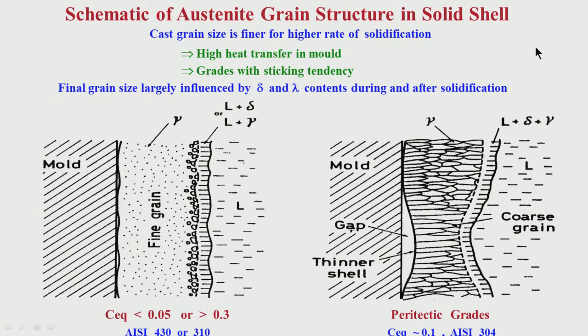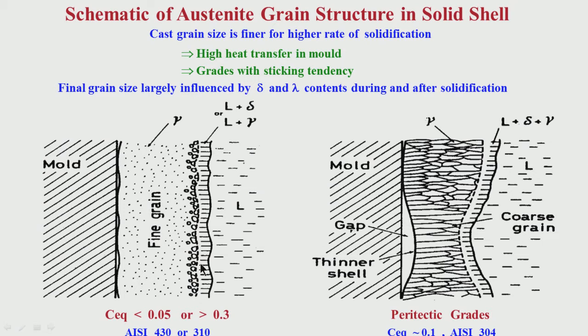Certain chemistry range, as I have told you, will give you depression tendency, and certain chemistry will give you sticking tendency or bulging tendency below the mold and sticking tendency inside the mold.